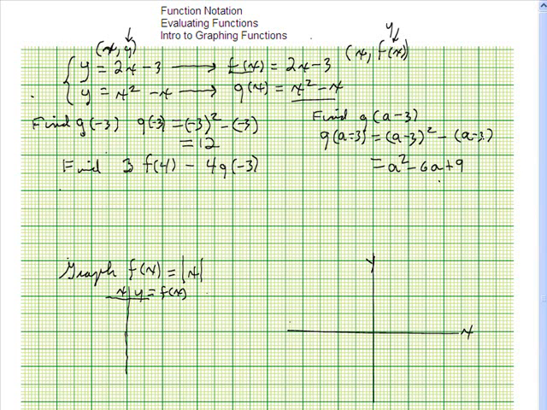When I subtract this a minus 3, I get negative a plus 3, because I'm distributing a negative 1 over that second bracket. Combining like terms, I end up with a squared minus 7a plus 12. So you can do some pretty complicated stuff with this new notation.